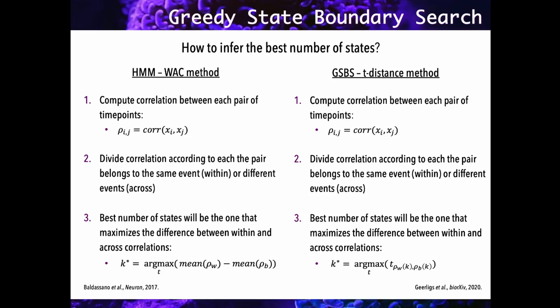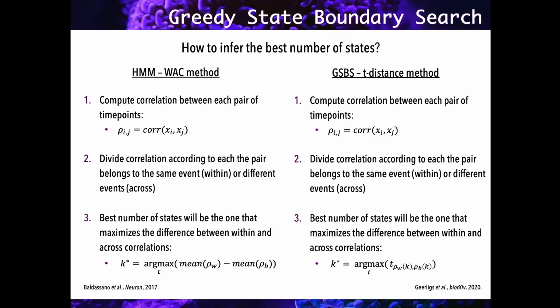So for both of these methods, the first and the second step are the same. We start by computing correlations between pairs of time points. And again, keep in mind, as I told you in the beginning, that these models base these kinds of correlations and methods on the idea that you expect that within an event the correlation should be higher than across events.